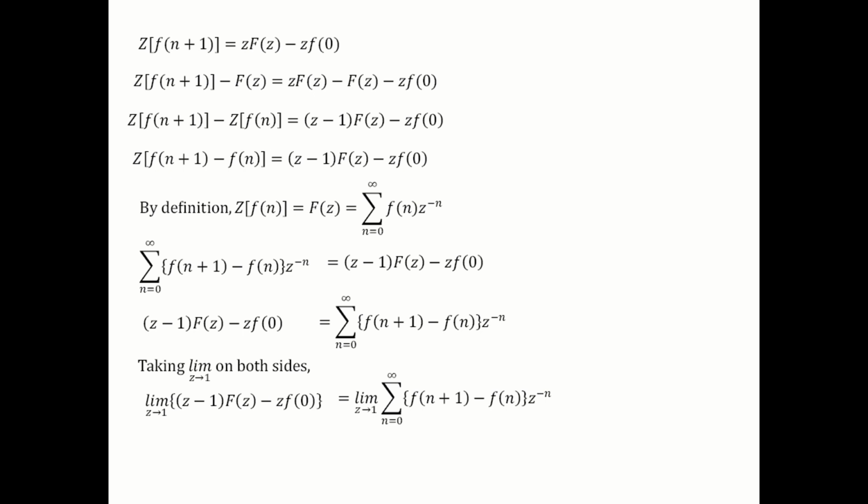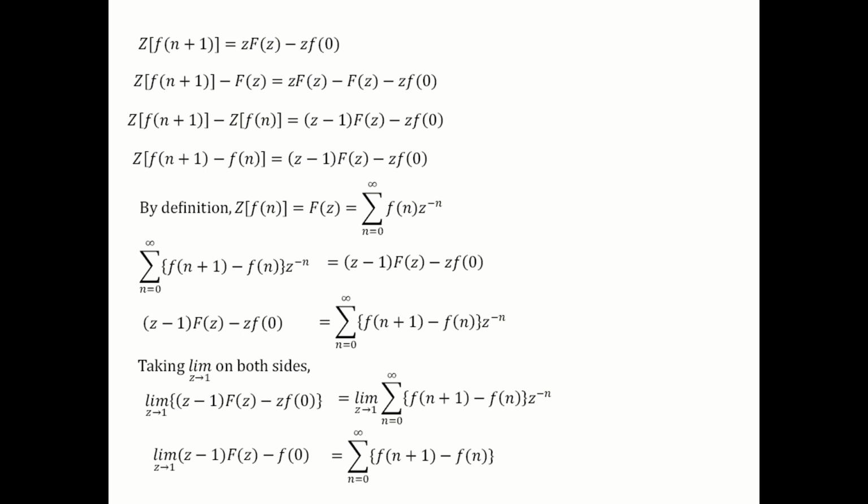That is, the limit as Z tends to 1 of Z minus 1 F of Z, minus, as Z tends to 1, Z into f of 0 becomes f of 0, because replacing Z by 1, you will get f of 0 equal to the summation n equals 0 to infinity of f of n plus 1 minus f of n, and replacing Z by 1, 1 power minus n gives 1.